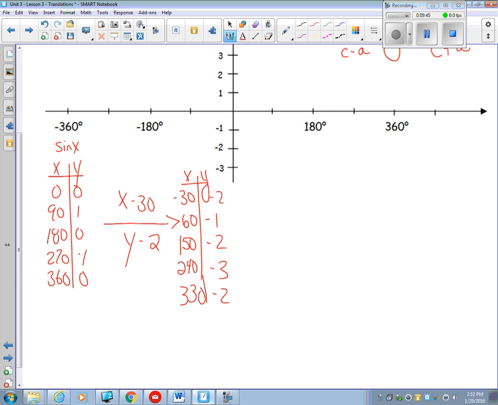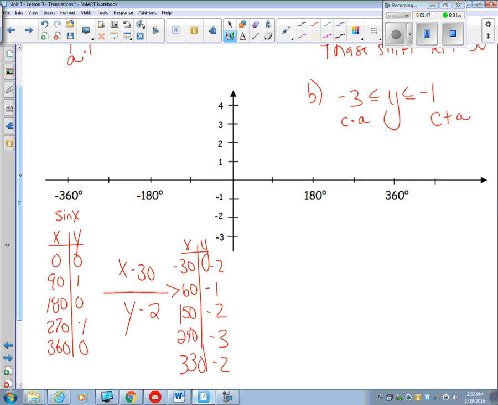And I'm going to graph those. And again, I may have to do a little estimating. Where's negative 30? Well, there's 90. 30 would be a third of the way into that block. So that's negative 60, negative 30, negative 30 and negative 2 would be about there. Okay, 60 and negative 1, or sorry, 60 and positive 1. I need to find thirds again. So 60 would be there, and negative 1 would be there. 150.